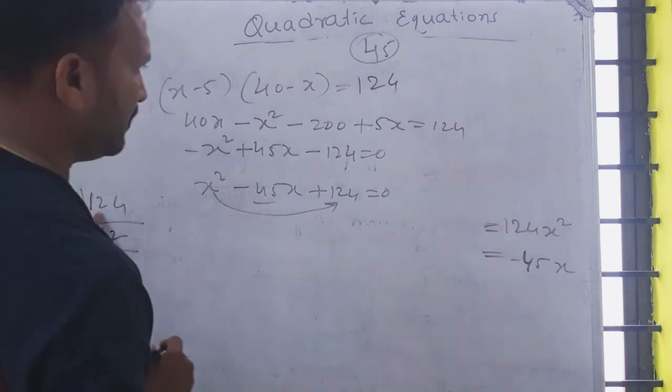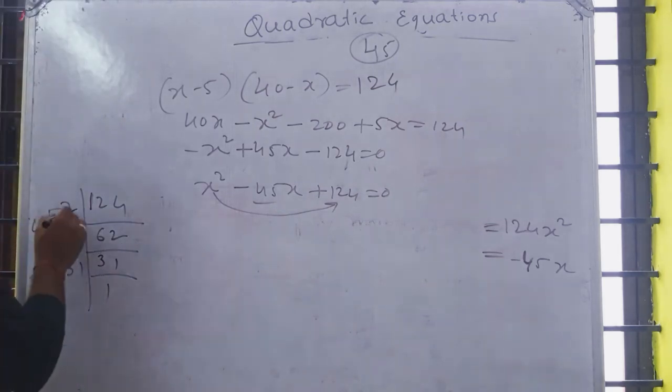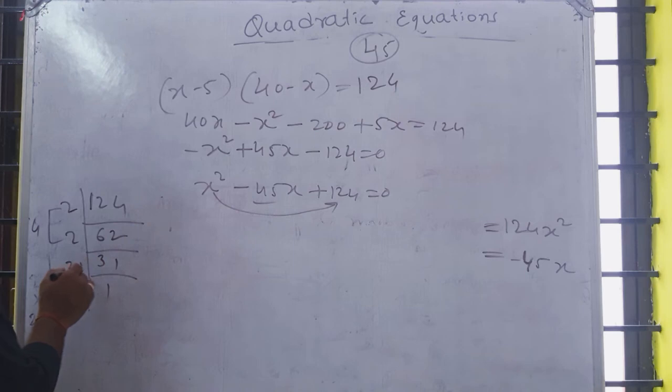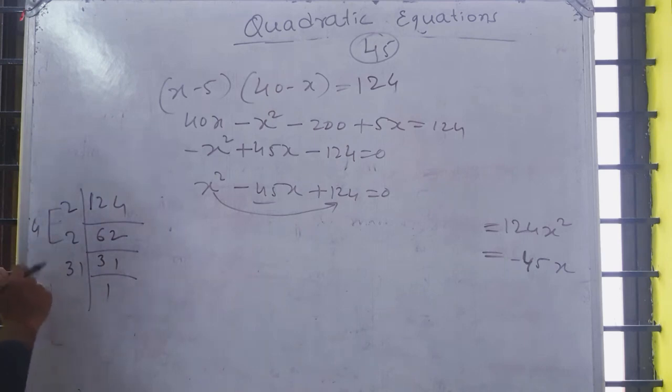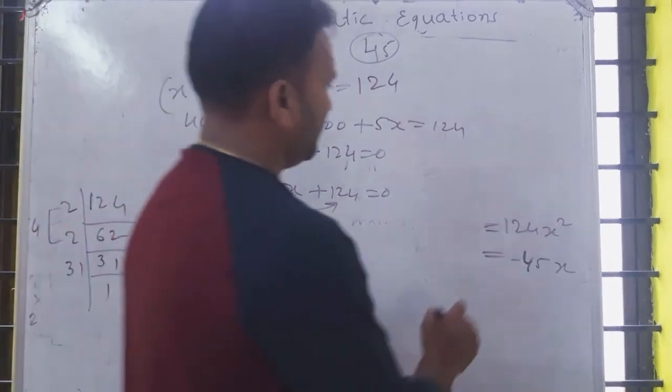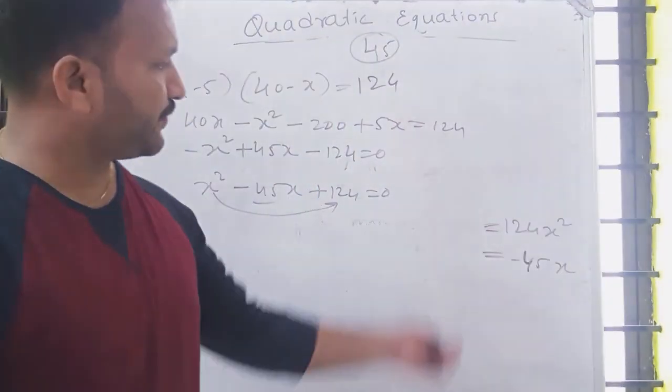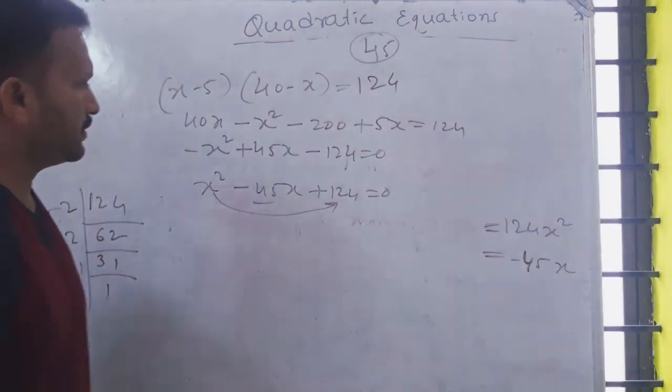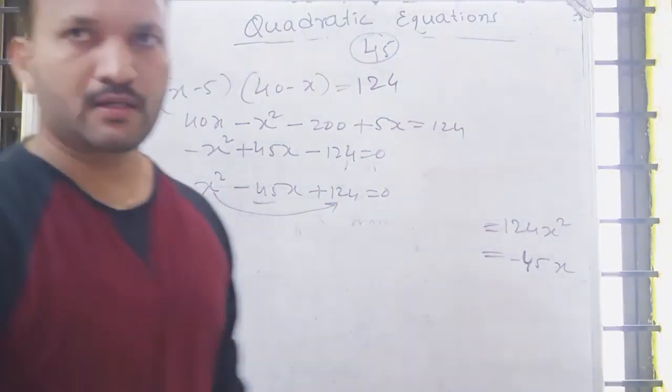So here 124 and 31. In which table do we get 31? 4, 124. We can use another method, that is the formula method or the completing square method.